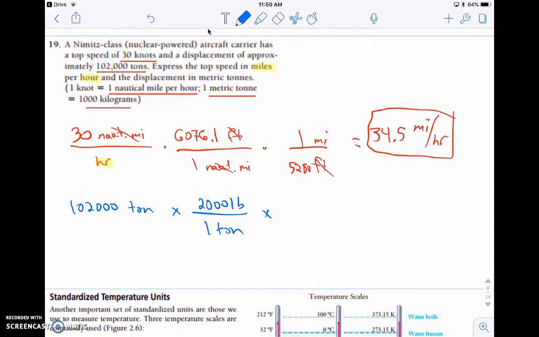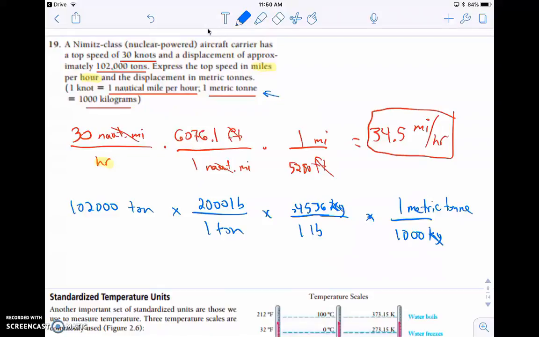And then we're going to use the conversion that we used before, which was 1 pound is 0.4536 kilograms. And that's going to cancel out our pounds. And then we're going to multiply that by this idea that, again, 1 metric ton is 1,000 kilograms. So 1,000 kilograms, I want that on the bottom so kilograms will cancel, is 1 metric ton.